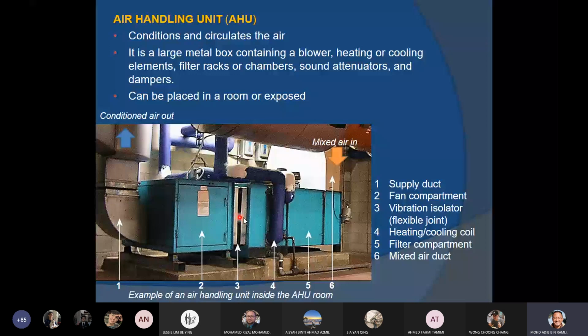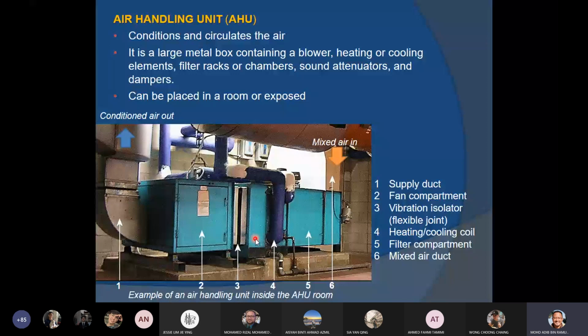Number 3 is the vibration isolator. The purpose of this is to reduce the vibration caused by the fan, because when the fan rotates, it produces vibration. If it is not treated, if there's nothing to prevent the vibration, the whole building will vibrate.